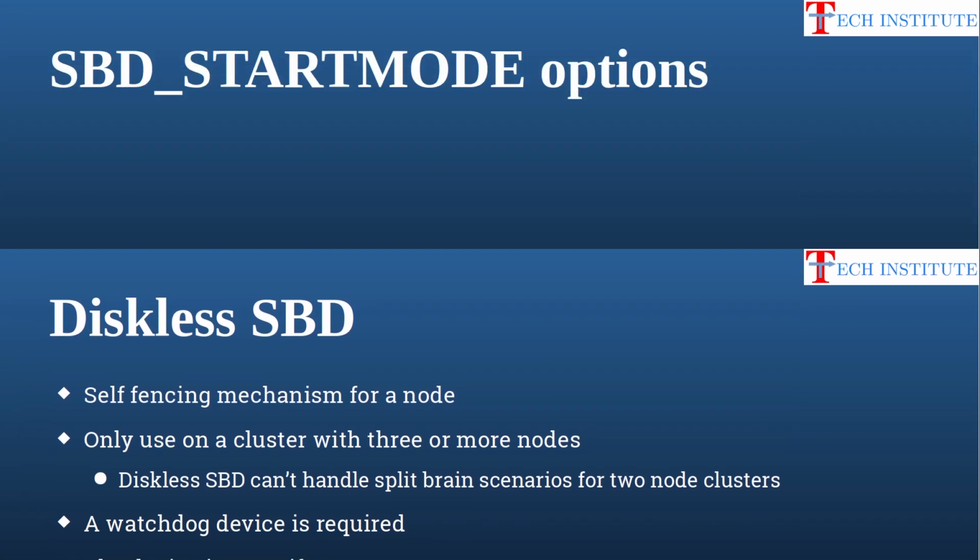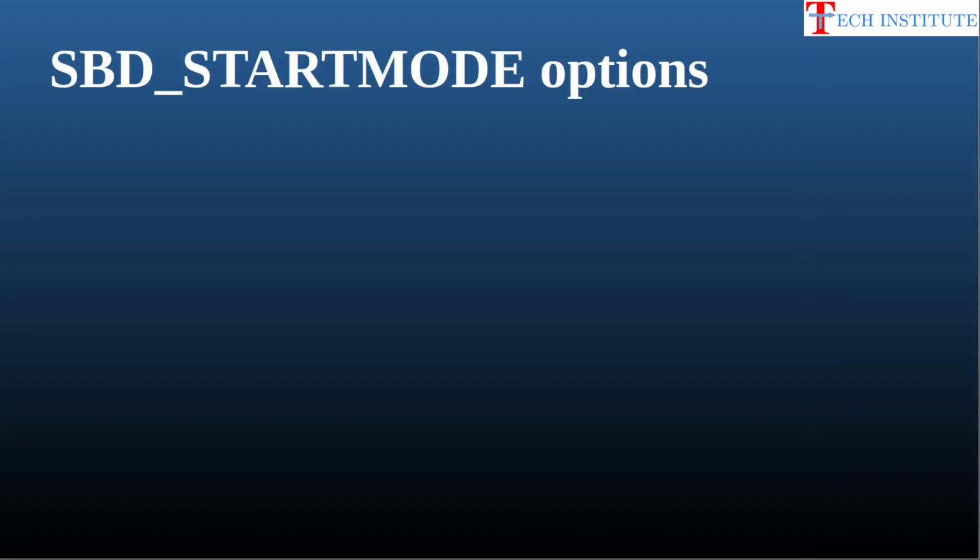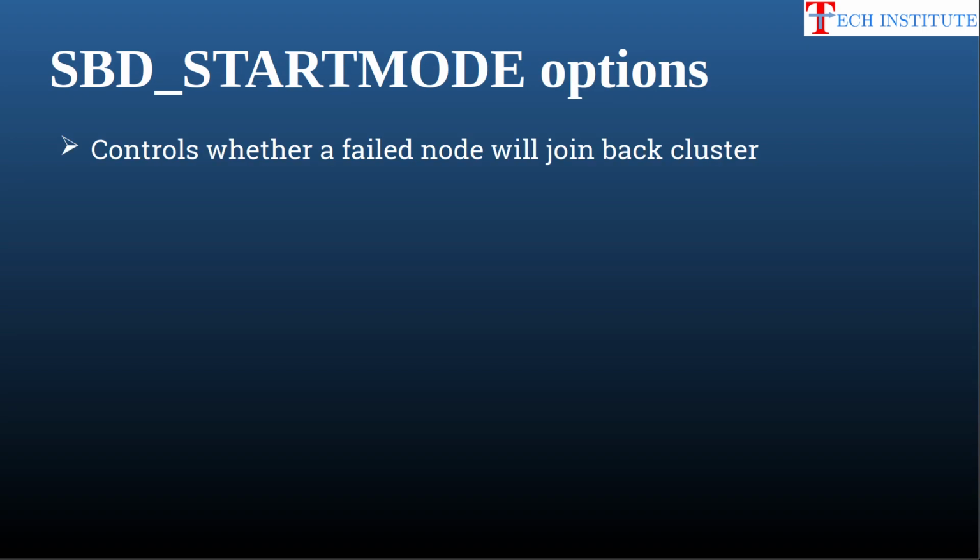And at the last we'll be discussing the SBD start mode options. This controls whether your failed node will join back the cluster. Let's say there is an issue in one of the nodes in your cluster and pacemaker fenced it, and in the fence option you have set that it should be rebooted. Once it is rebooted, will it join back the cluster or not? That is decided via this SBD start mode option.